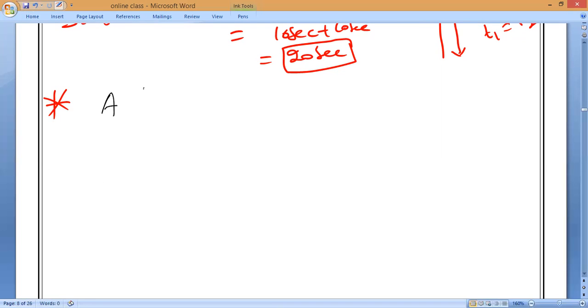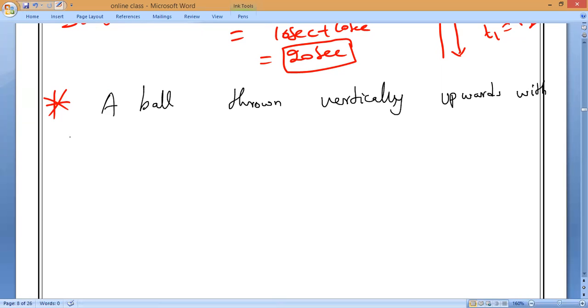A ball thrown vertically upward with a speed of v attains a height h1. Is it okay, everyone?